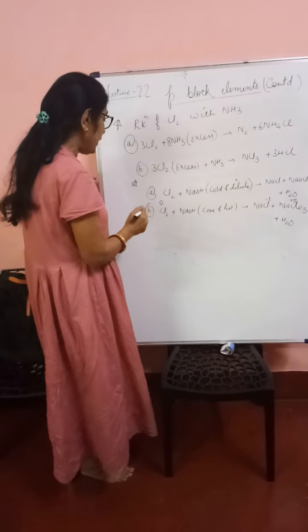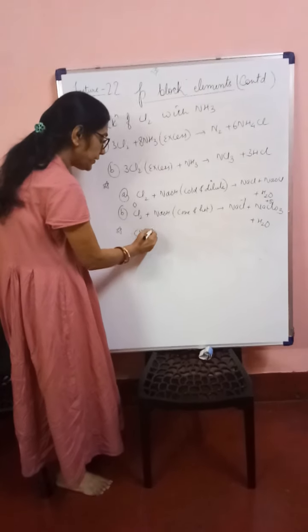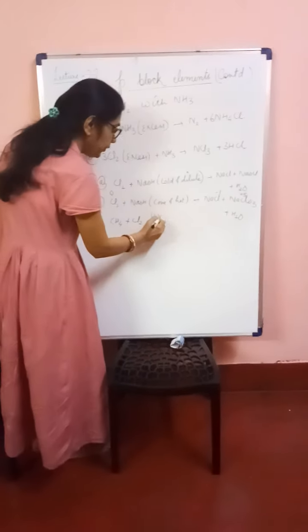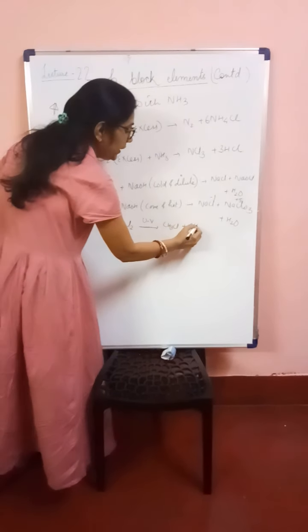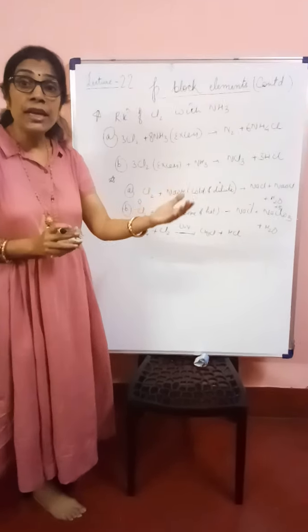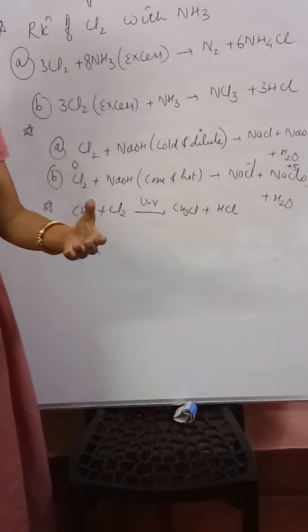And even organic compounds react with chlorine. Halogenation of alkane, as you all know, occurs in presence of UV light or sunlight, and it's a free radical substitution reaction. Since it liberates nascent oxygen, it acts as an oxidizing agent as well.